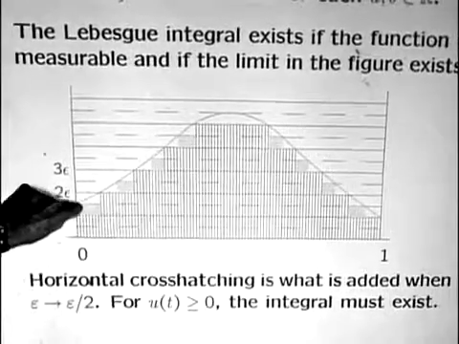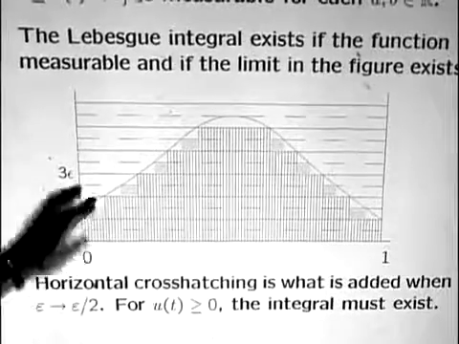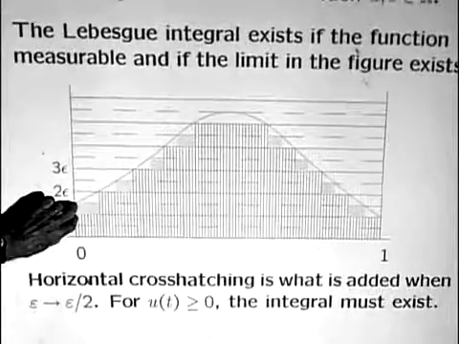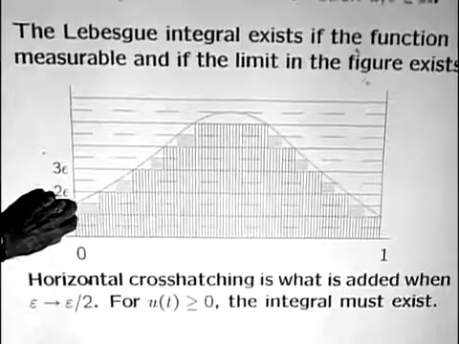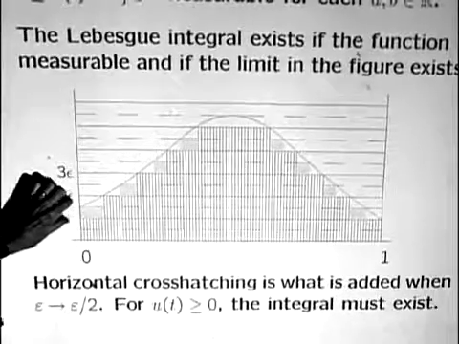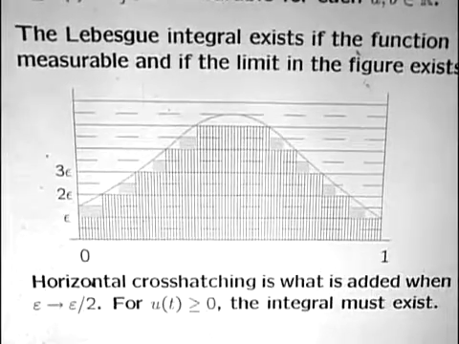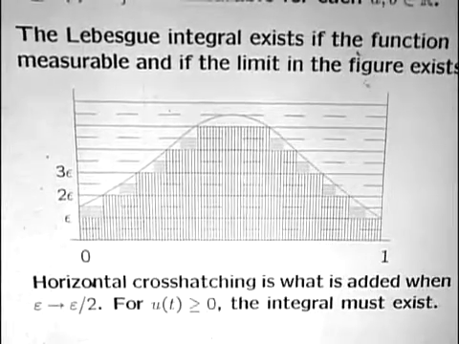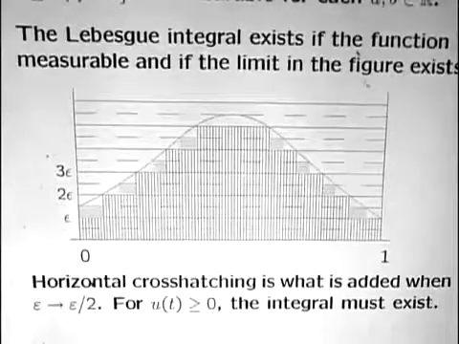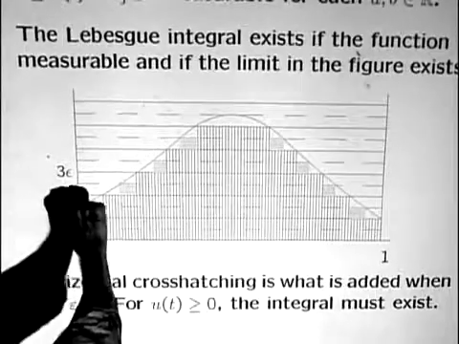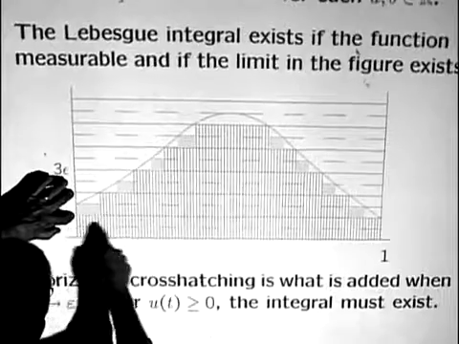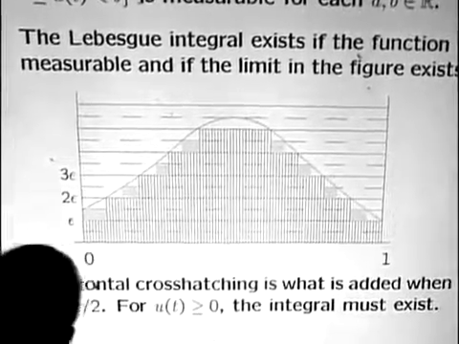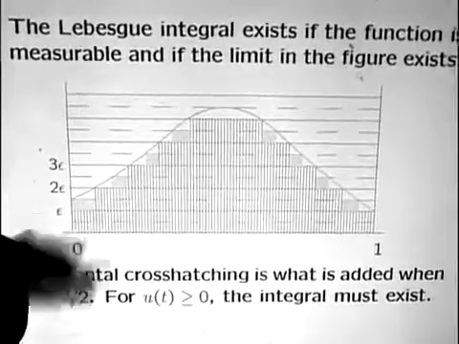This thing gets added because when I'm looking at the interval between epsilon and 3 epsilon over 2, the function is in this interval over this whole thing, and I'm representing it by this value down here.